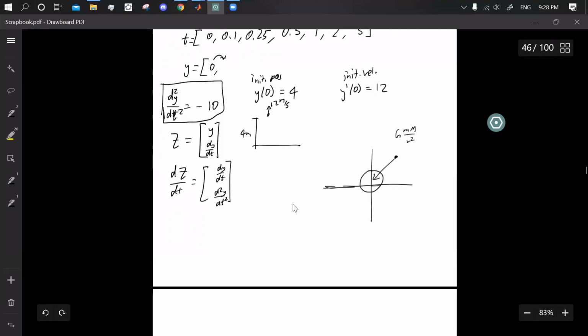And r is the distance, x squared plus y squared. So you have an x distance, you have a y distance. This is the problem I'm going to pose to you.